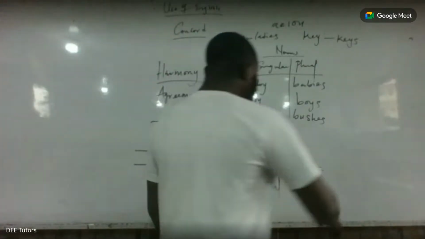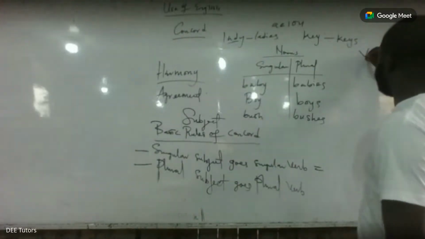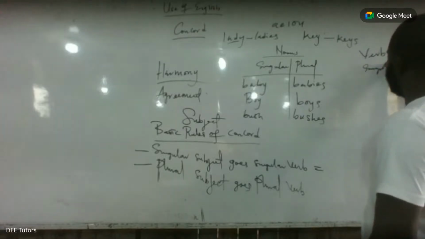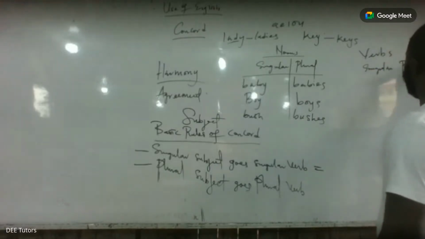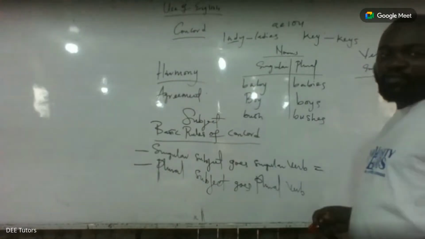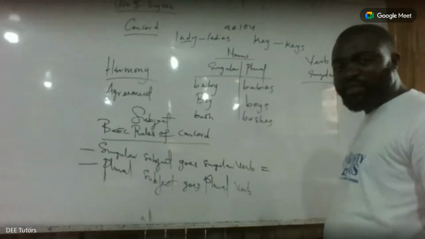Thank you for responding. Let's look at this. Assuming we have verbs here, singular and plurals. Can you see the board? Can you guys see the board? Yes, sir. Okay.